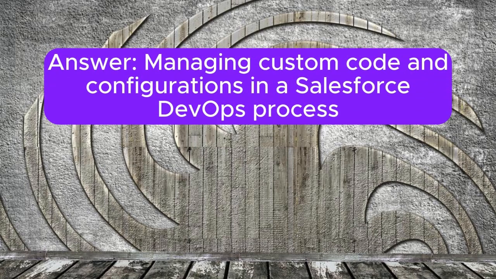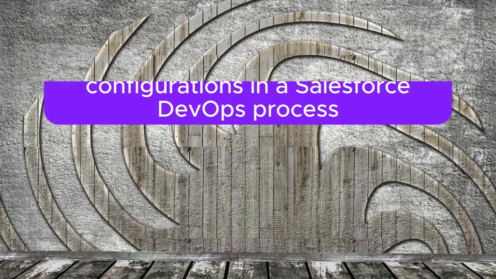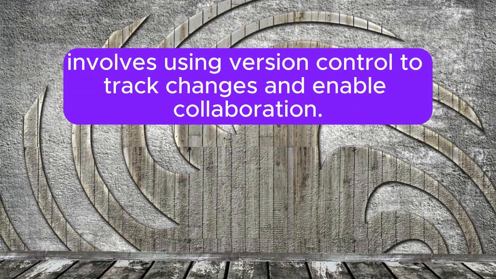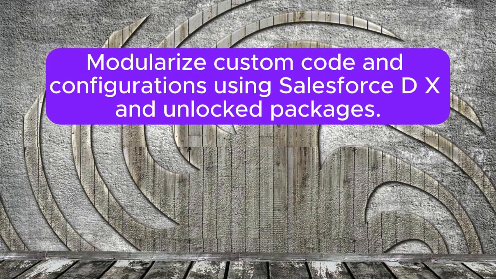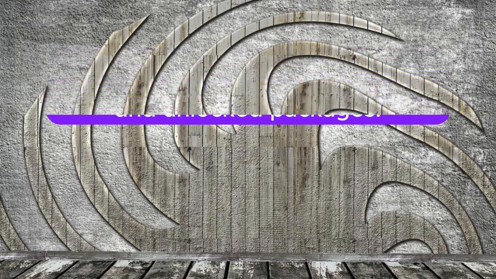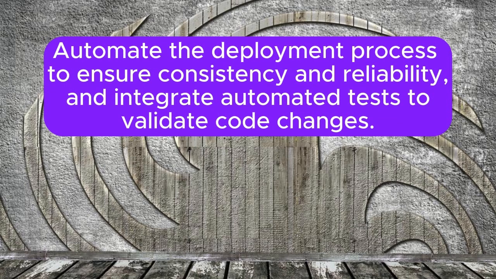Answer: Managing custom code and configurations in a Salesforce DevOps process involves using version control to track changes and enable collaboration. Modularize custom code and configurations using Salesforce DX and unlocked packages. Automate the deployment process to ensure consistency and reliability, and integrate automated tests to validate code changes.